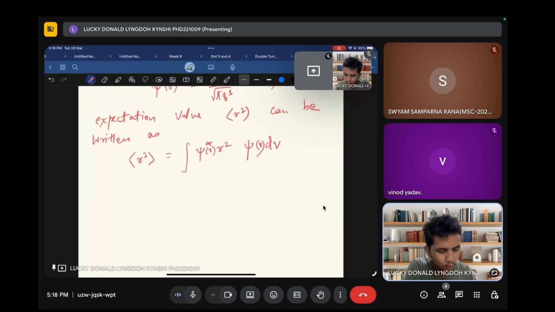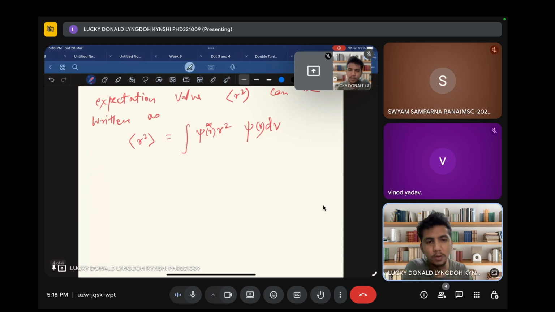We can solve these problems in terms of spherical polar coordinates, writing in terms of r, theta and phi. The integration runs from 0 to infinity for r, 0 to pi for theta, and 0 to 2 pi for phi.